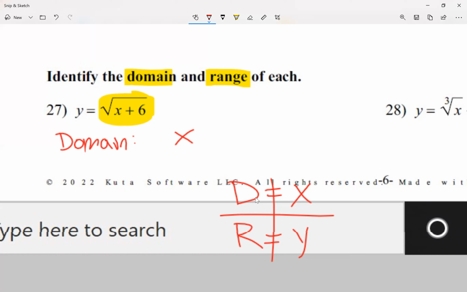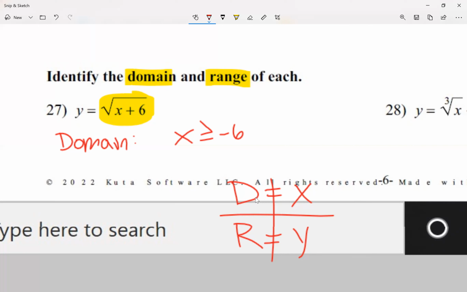So X has to be greater than or equal to -6, because X equals -6 will make the inside of my square root 0. If I choose anything higher than that, it will make it a positive value. So it's fine. My domain: X is greater than or equal to -6.